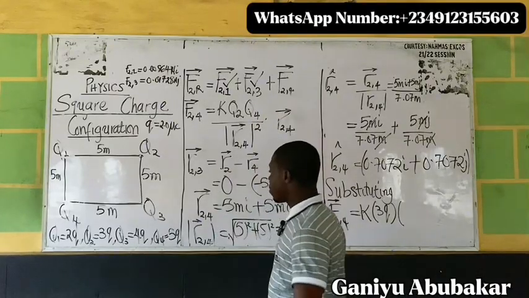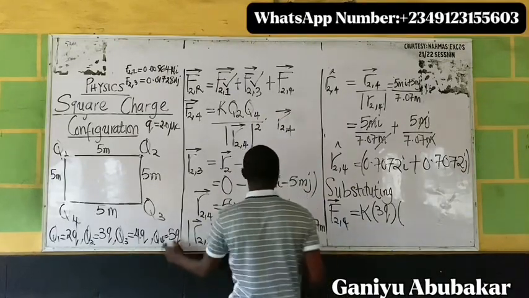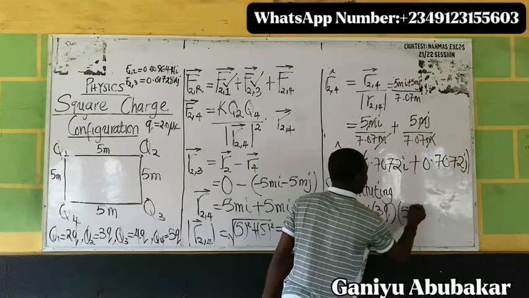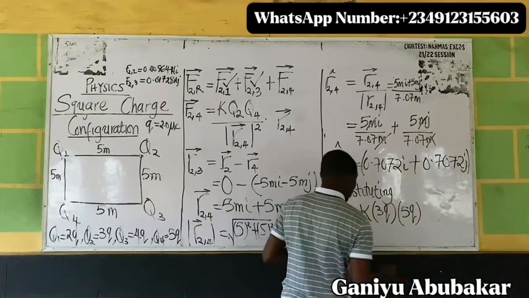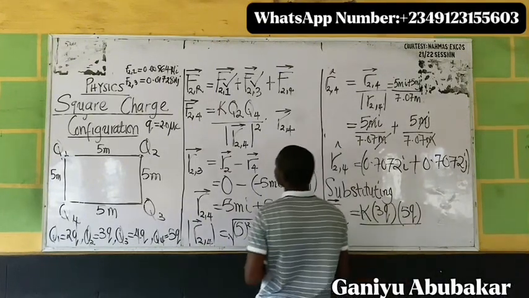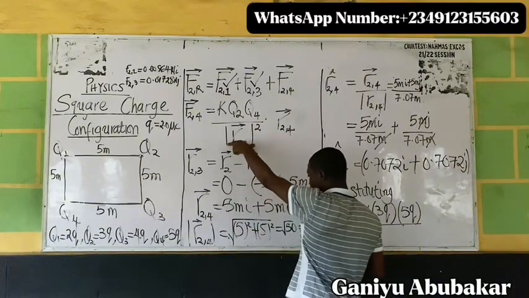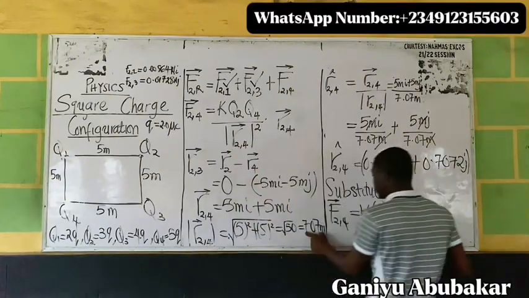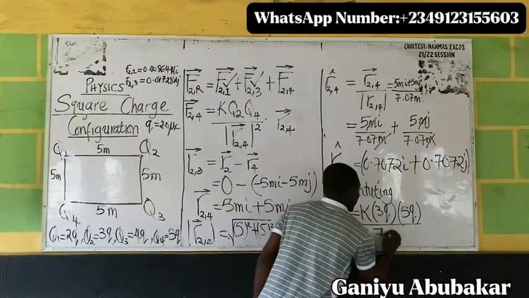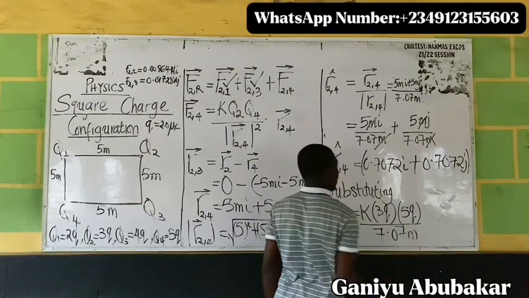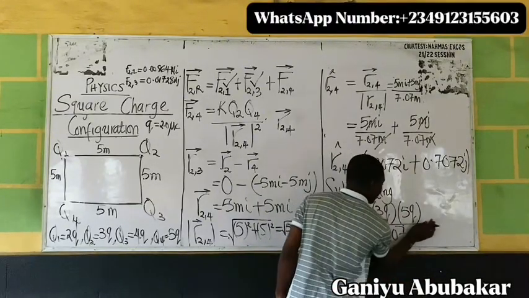Q4 is 5Q, all over 7.07 meters. Perhaps I can ignore the meters.